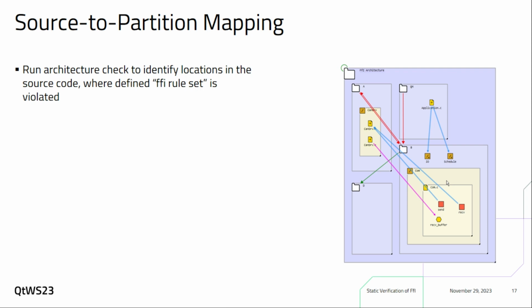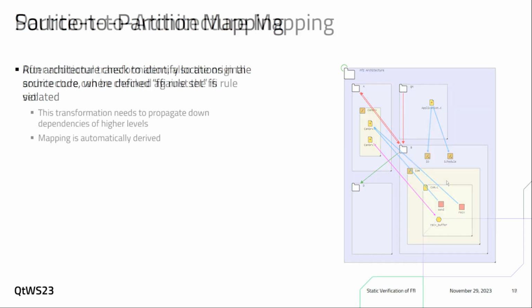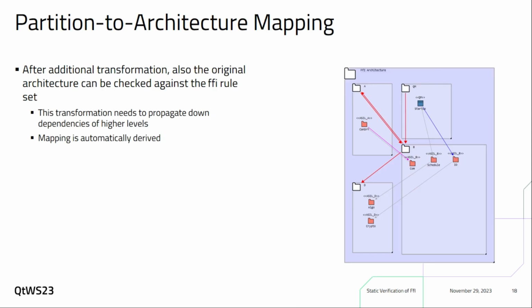So using the architecture check, we can identify in the implementation where this rule set is violated according to the current assignment into different ASIL levels. And what we can also do, can also automatically derive, we can verify the original architecture if this is compliant to the set of safety rules which allowed access between the different levels.